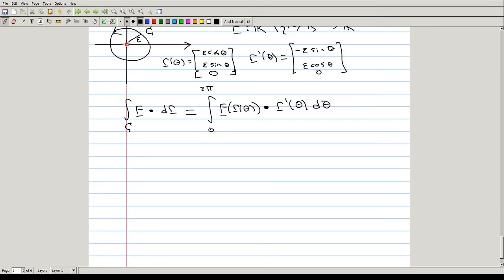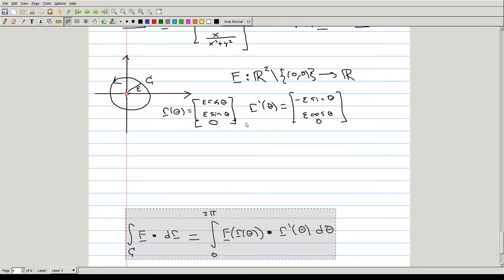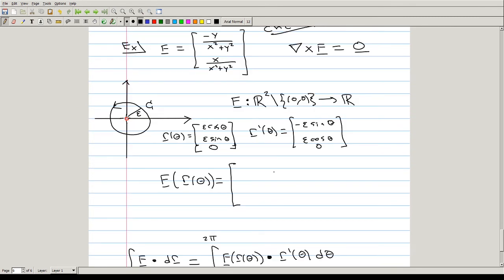And when you plug in to find f of r of theta, it's plugging r of theta into the vector field f. This is equal to negative epsilon sine theta, and x squared plus y squared will just be epsilon squared.